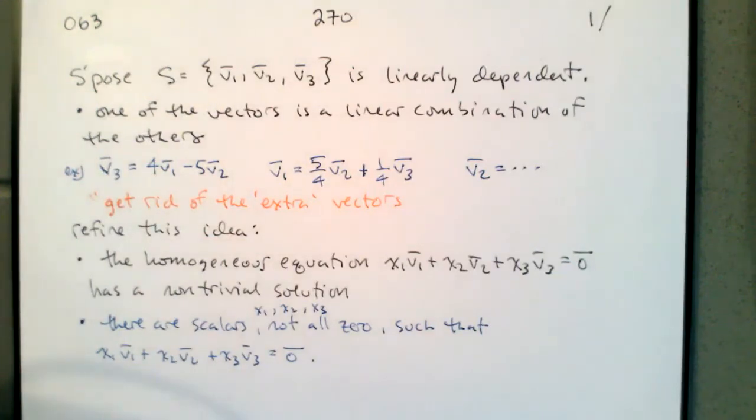So that's the x1, x2, x3, not all 0, is the non-trivial solution to the homogeneous equation.